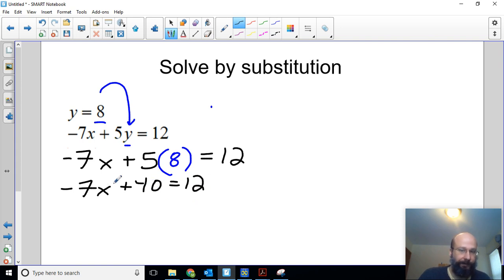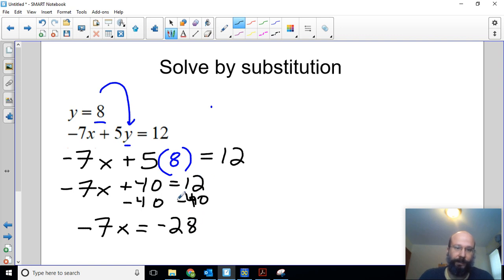And then again, we're solving for x. So I'm going to move the plus 40 over, minus 40. That's going to give me -7x over here. These cancel. I have -28, because 12 minus 40 equals -28. Then the last step is dividing by -7.